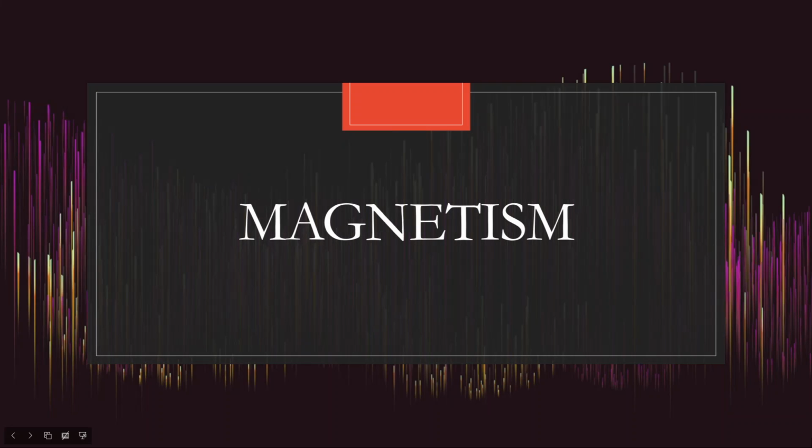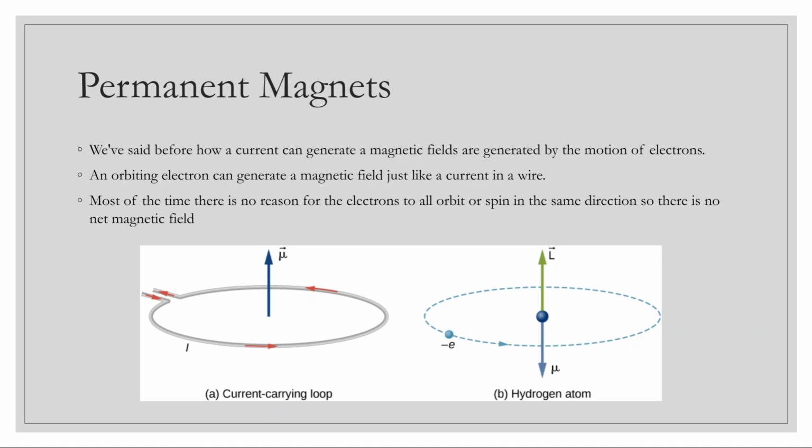All right, guys, I want to talk to you about magnetism a little bit, like permanent magnets and magnetic materials. In permanent magnets, we've talked before about how you can generate a magnetic field with a current, usually a current in a wire. But a current is functionally just a bunch of electrons moving.